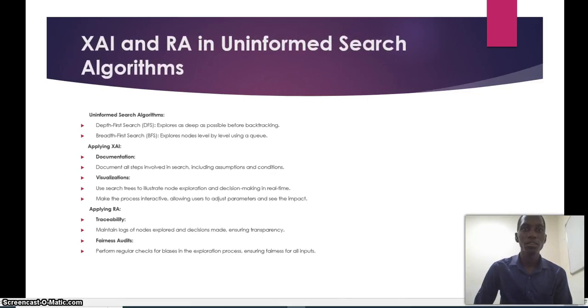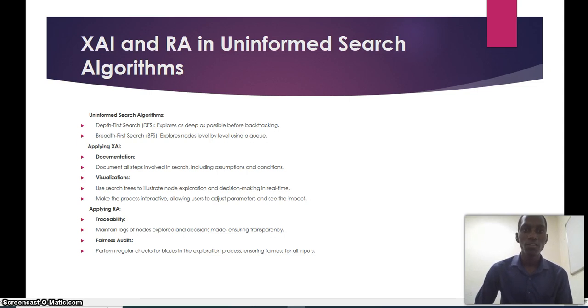Now, let's move on to uninformed search algorithms like BFS and DFS. These are algorithms that do not have any prior knowledge of the goal state. To integrate explainable AI, we can make these algorithms more transparent with clear documentation, explaining the search process, such as which nodes are being explored and why.